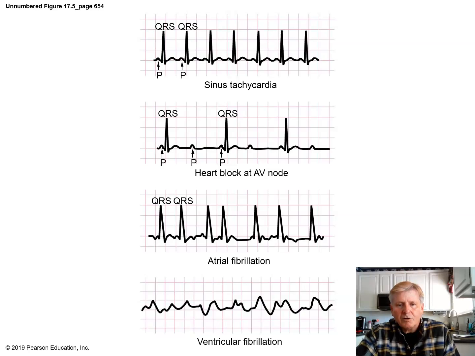This third image basically shows you the P waves that are not discernible, and they vary. So when you see an electrocardiogram where you have these P waves that are not discernible and you're not at a predicted interval, that's what we refer to as atrial fibrillation, and that's because of the atria.